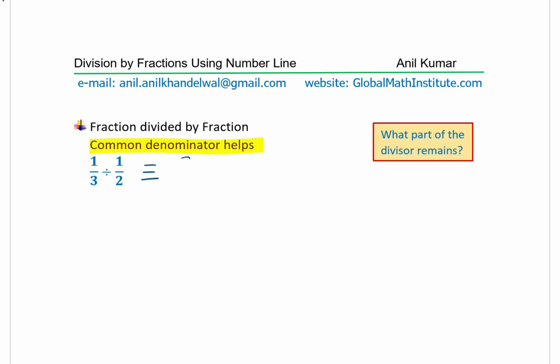So we could write this as 2 over 6 divided by 3 over 6, since the LCM, the lowest common multiple, is 6 between 2 and 3. So that is the minimum denominator which could be common between 2 and 3. Perfect. So that is how we could interpret.